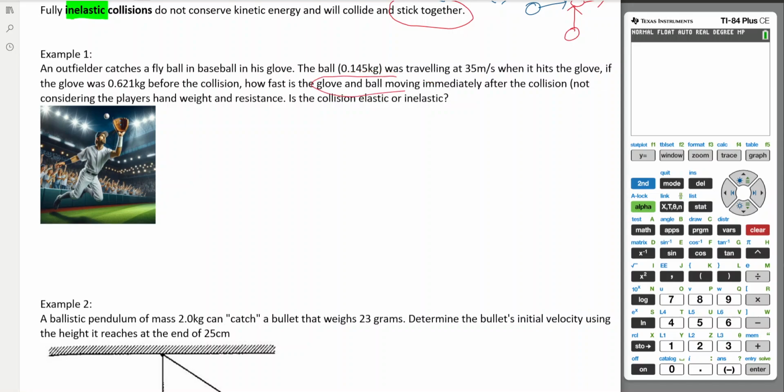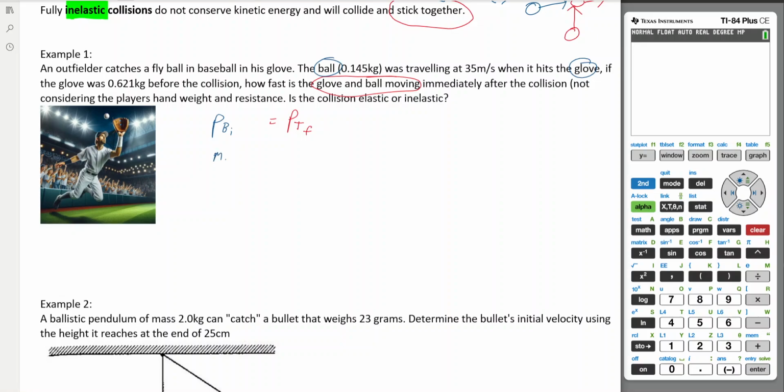So when we write our momentum statement, it's the total at the end, whereas at the beginning we have the ball and we have the glove, and really at the beginning it's just the ball because the glove is not moving. So it's the momentum of the ball initial equals the total momentum at the end.